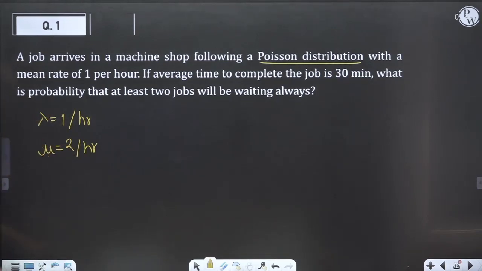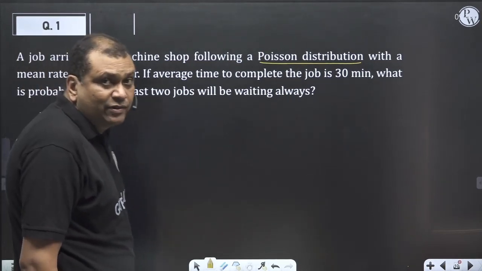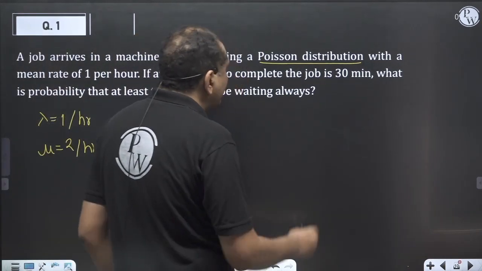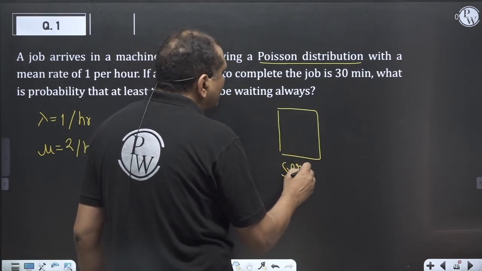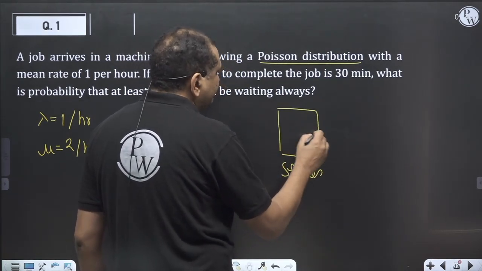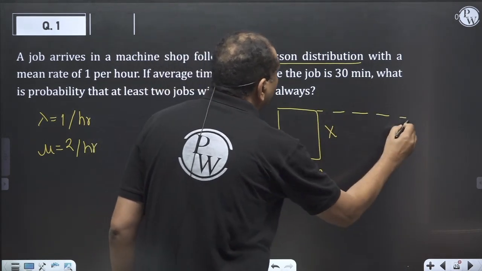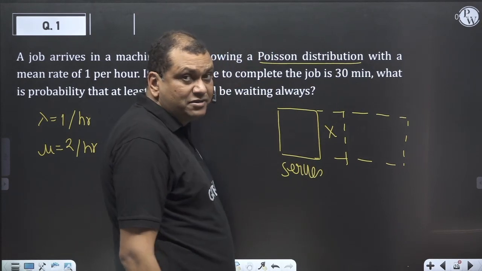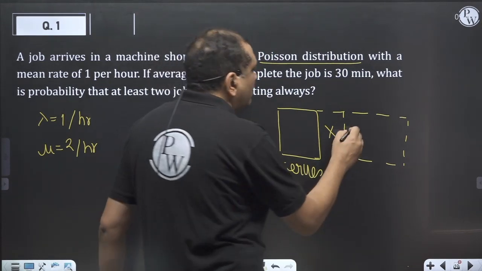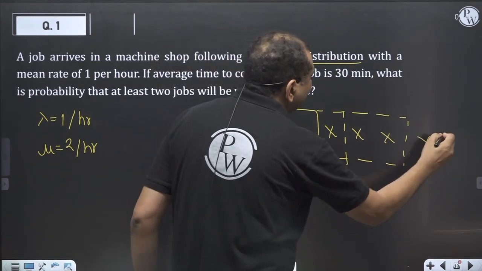Our unit should be the same. What is the probability that at least 2 jobs will be waiting always? You know what is the meaning? This is the server facility. One person is being served. Now there is a queue.